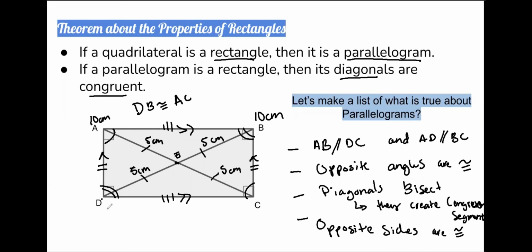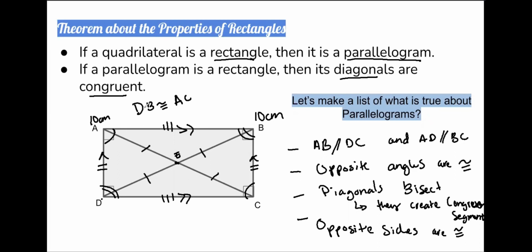So all of this information is going to be true about a rectangle. How? Because a rectangle is a parallelogram, right? So whenever we have a rectangle, it's also classified as a parallelogram. And everything that is true about parallelograms is going to be true about rectangles.